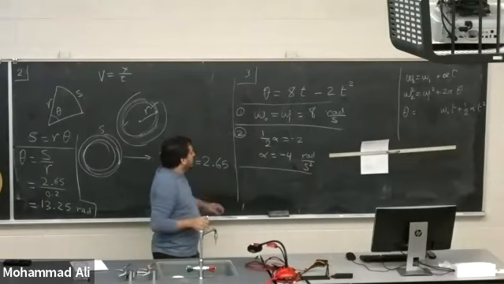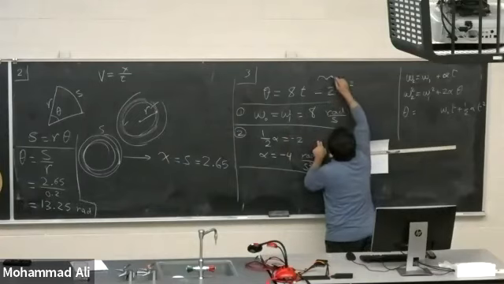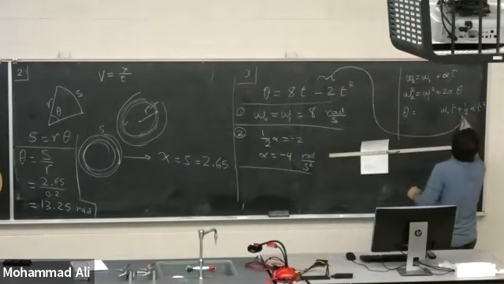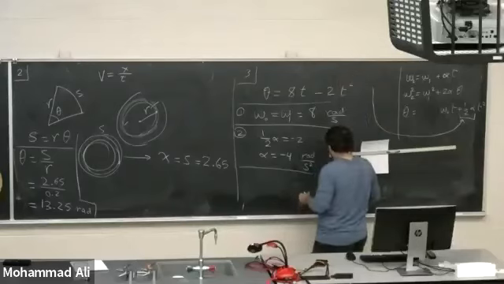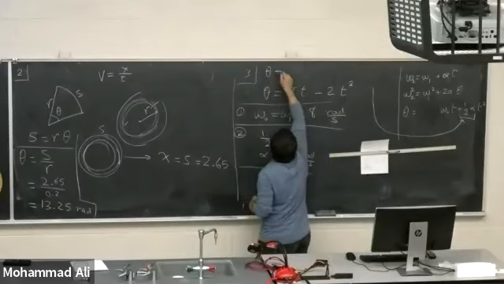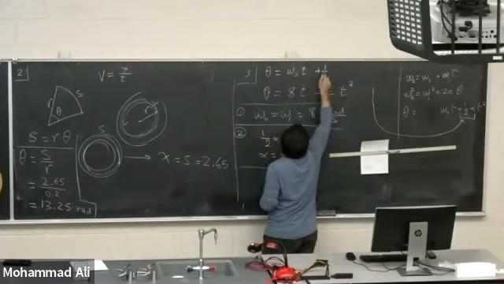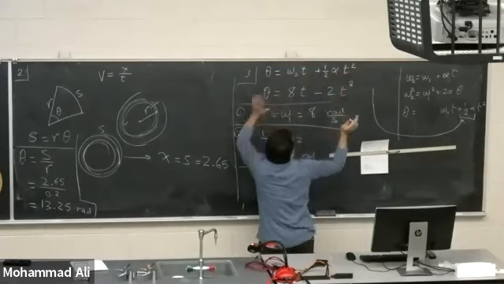Is that clear? Because look here, this is equal to half alpha. I will write it here to make it simpler: theta is equal to omega naught t plus half alpha t squared. Just like that.